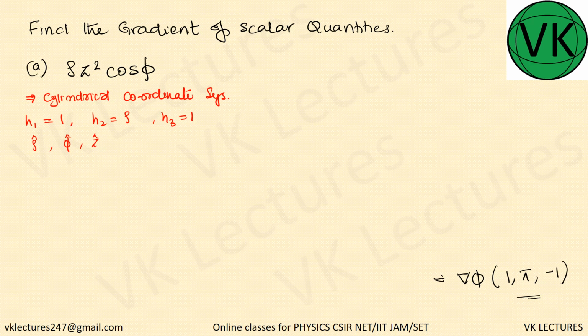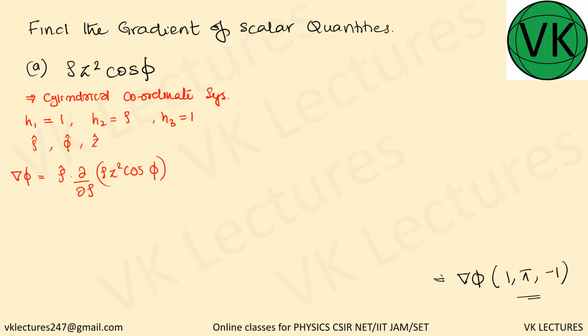So what we can write: del phi is equal to rho cap into dou by dou rho of rho z square cos phi.